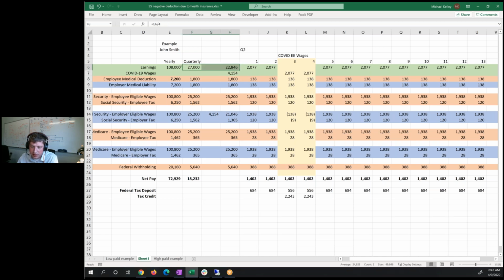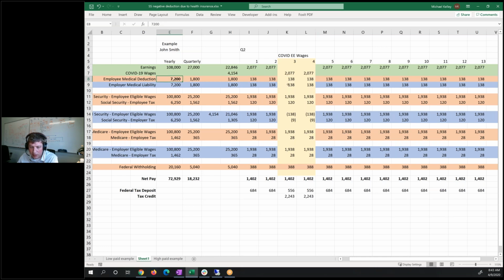So in a quarter, he's still receiving the same as normal. However, this employee medical deduction, the part that's not subject to employee or employer wages, is spread out over this calendar quarter. Therefore, we have to include this deduction in the weeks where he's only getting COVID wages. Otherwise, we wouldn't be getting the full benefit of this 7,200.